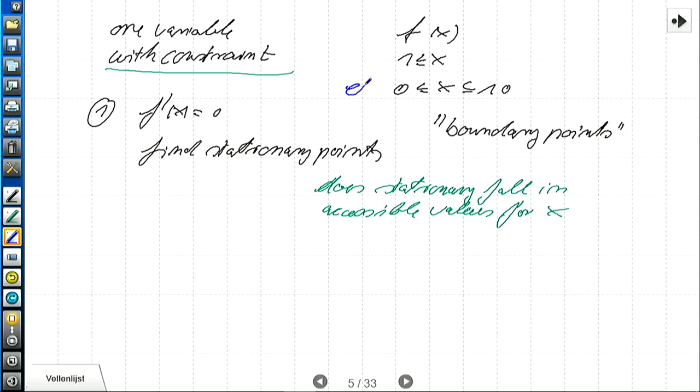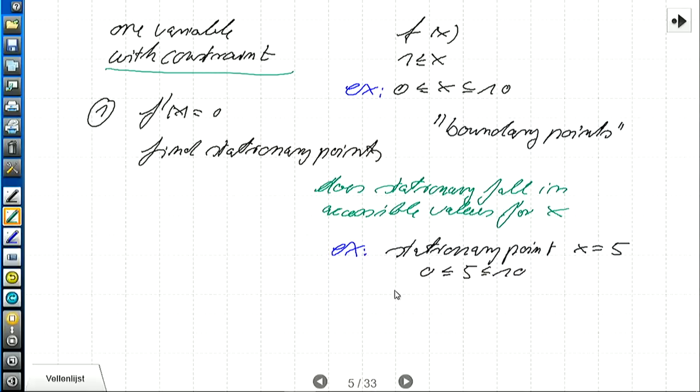Suppose I find a stationary point, say x is 5. Then 0 is less than 5 is less than 10. So the stationary point is still in the running to make a max or minimum.